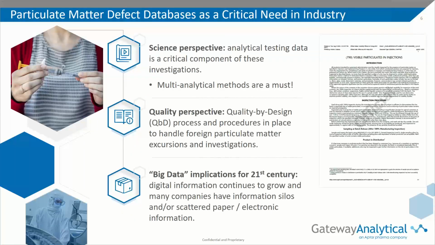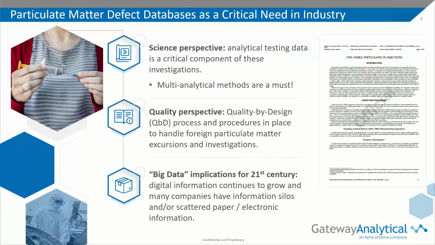So from a science perspective, analytical testing is a critical component of any type of investigation, and multi-analytical methods are critical. There's no turnkey analytical test to identify a material and what its potential source might be.